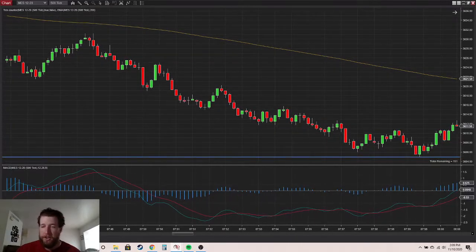However, the strategy basically is if it's a clear downtrend, you're below the 200 exponential moving average. Here's an example right here. If the MACD line crosses above the zero line while in a downtrend or below the 200 EMA, then that's the strategy.